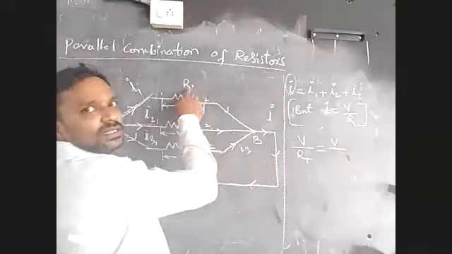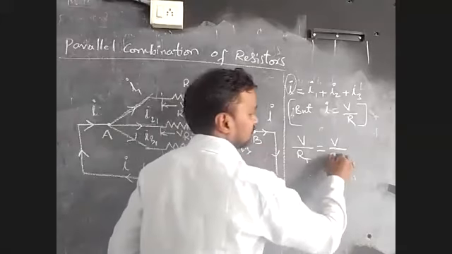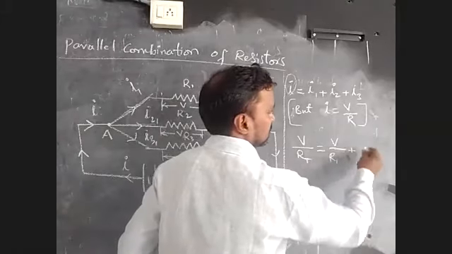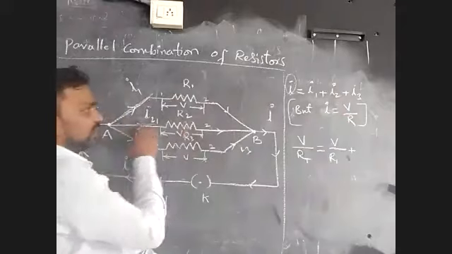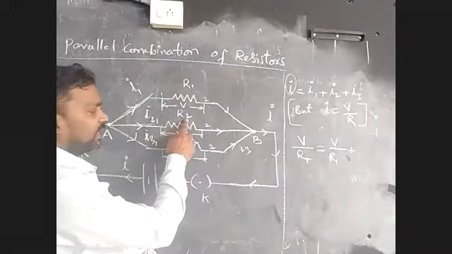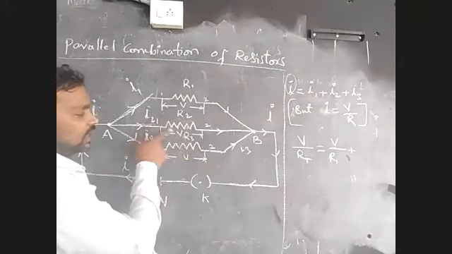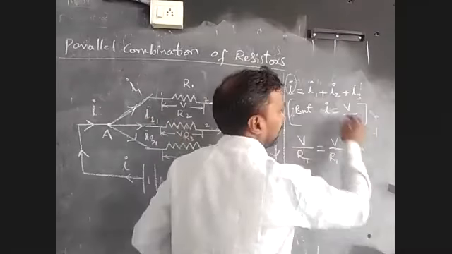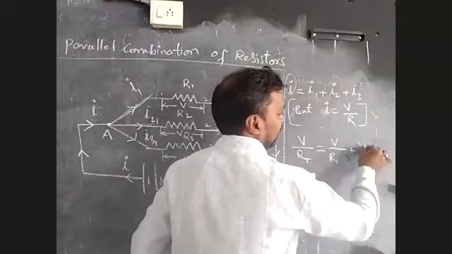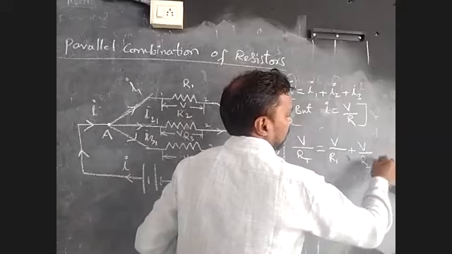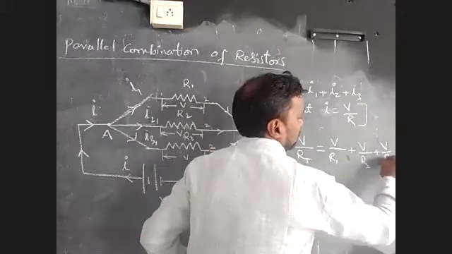I1 is flowing through which resistor? R1, so I write V divided by R1. Next, I2 is flowing through R2, so I will be writing V divided by R2.